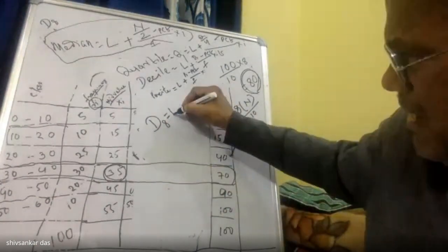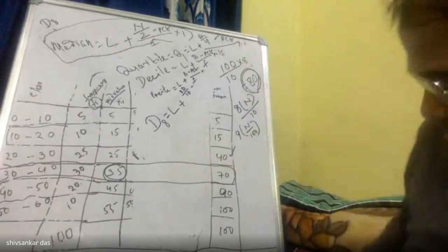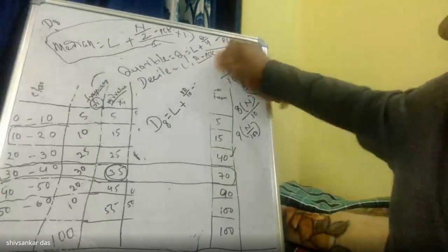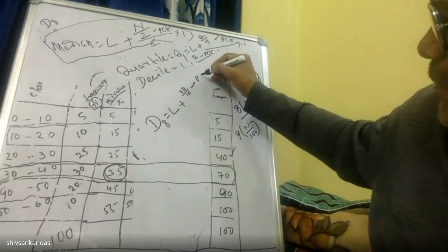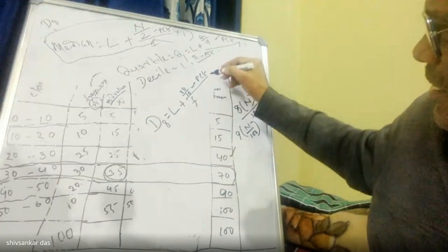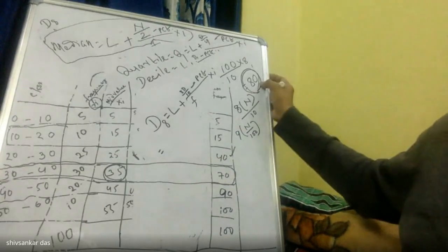L plus D8, that is 8 by 10 of n, minus the previous cumulative frequency, divided by the frequency, into I. So where is 80?